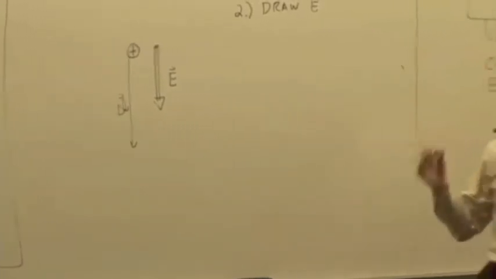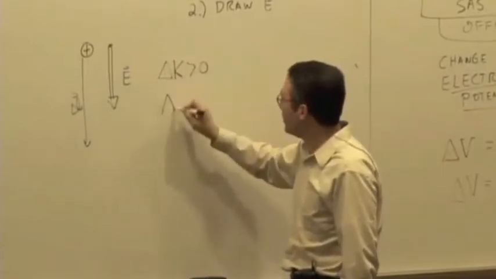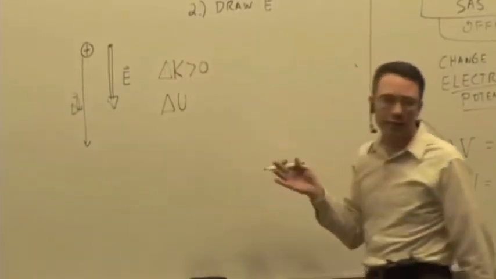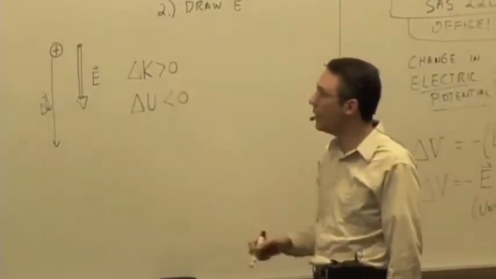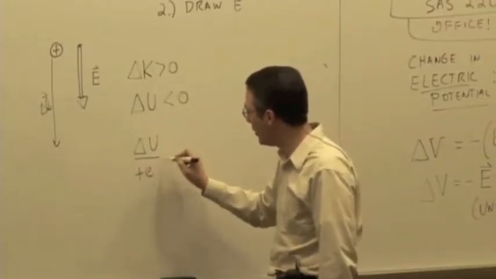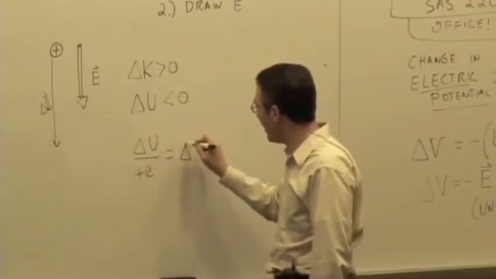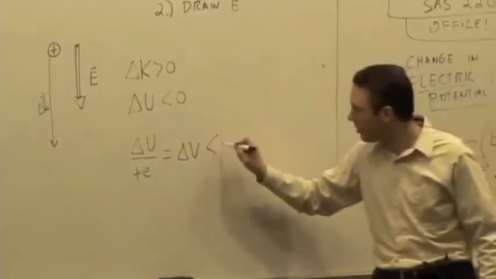It would increase, so delta K would be greater than 0, but the potential energy of the system would decrease. So delta U would be less than 0. If I take this delta U and divide it by a positive charge, that gives me delta V, which should also be negative.